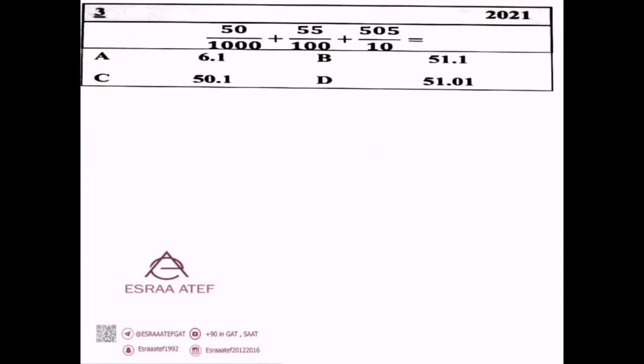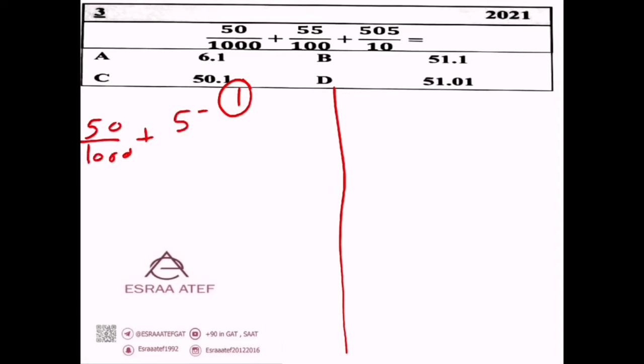Okay, number 3, here I want to add these fractions. How can I do it? We have two methods. The first one: 50 over 1000, plus 55 over 100, plus 505 over 10.